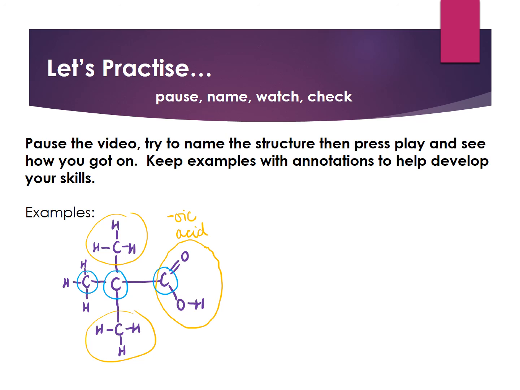And so this one would be called 2,2-dimethyl propanoic acid. Let's do that skeletal formula. So 1, 2, 3 carbons in the longest chain. This end one has got the C double bond OH as part of it, and this second one has got 1, 2 methyl groups coming off it.